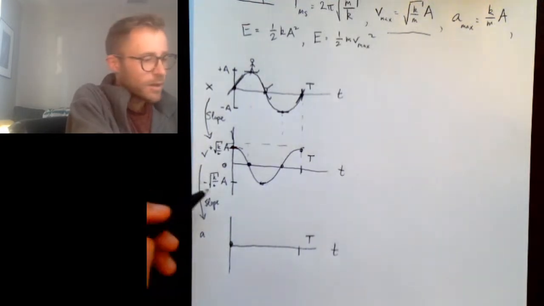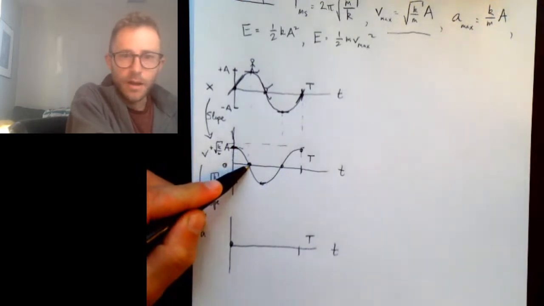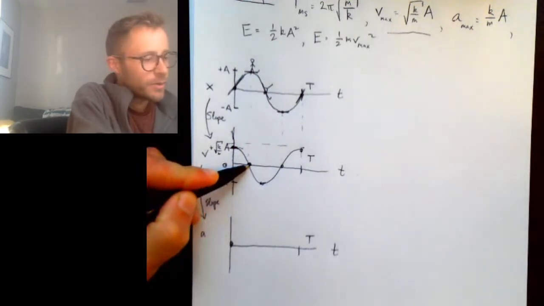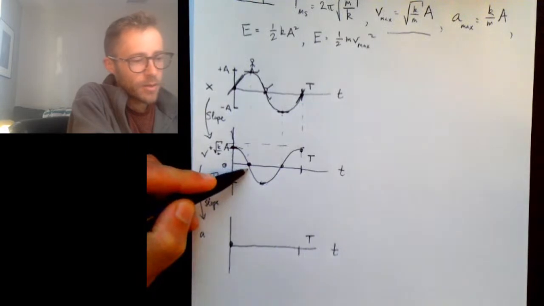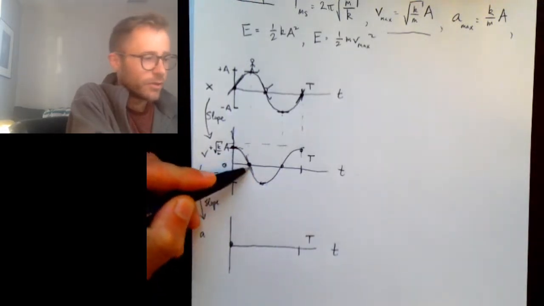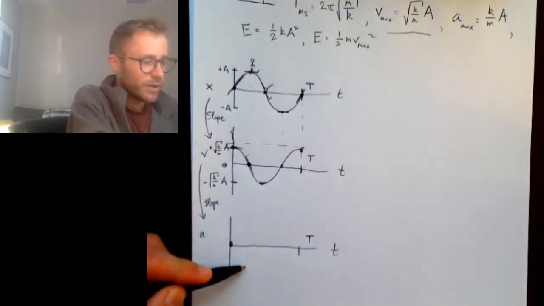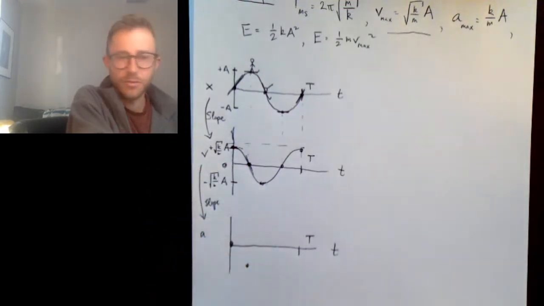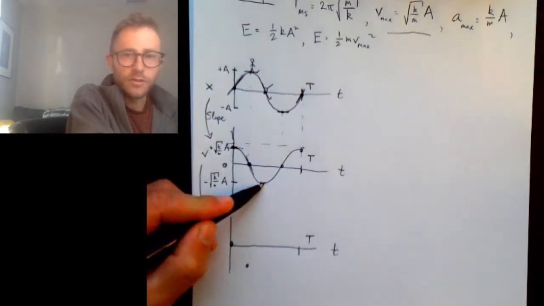All right. Here, I can see that the slope is negative. That's a negative slope. So down here on the acceleration graph, I'm going to mark a negative value because it's a negative slope. Here, I can see that the slope is 0.